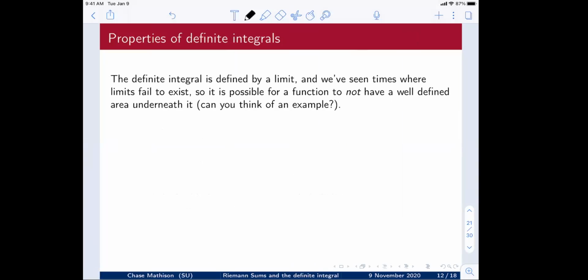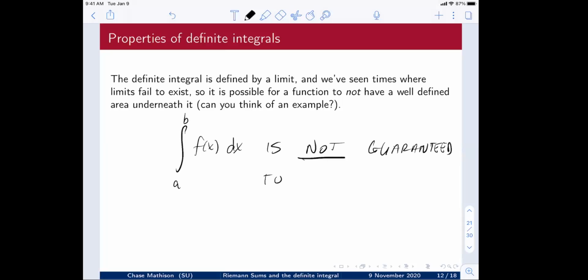We've seen limits that don't exist, right? We've seen limits that go off to infinity, or limits that bounce back and forth between two numbers really fast. We've seen that happen before. So it is not guaranteed that the integral from a to b of f of x with respect to x is guaranteed to exist.